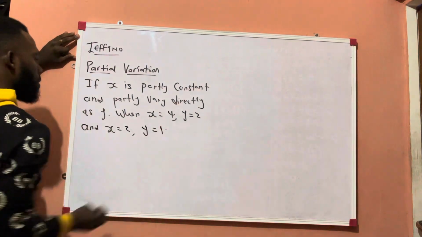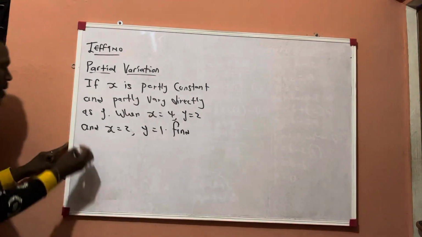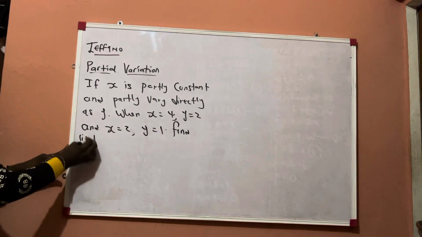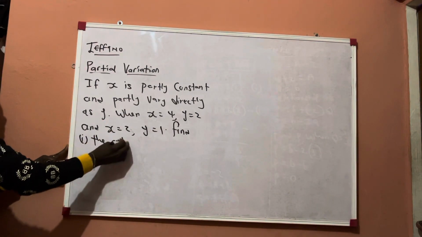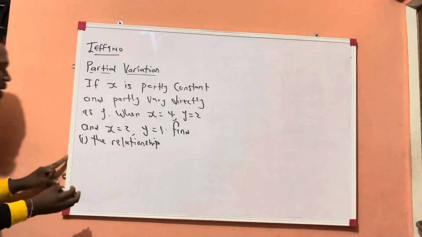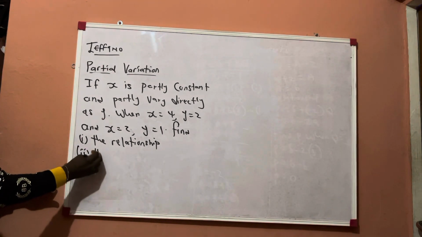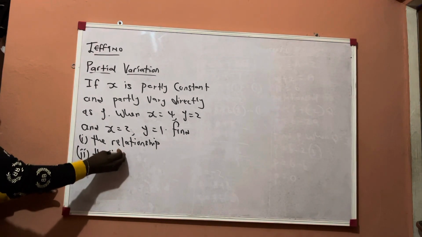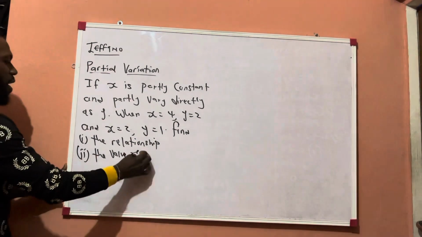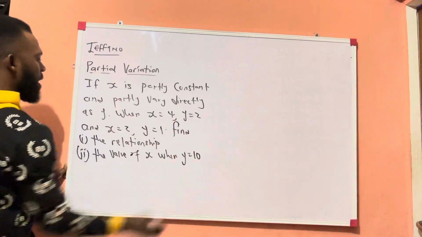Find: one, the relationship; two, the value of x when y equals 10.